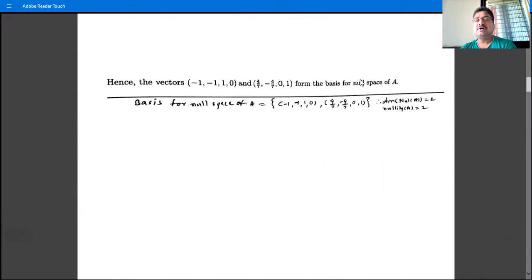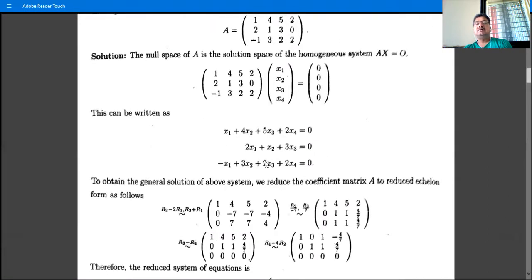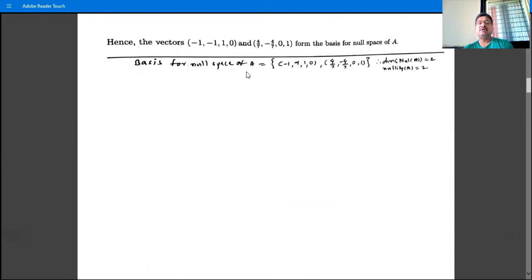These two form the basis for the null space of A. This is the basis for the solution space of the system, and the solution space of the system is equal to the null space of the matrix A. So the basis for the null space of A is the set of these two vectors.